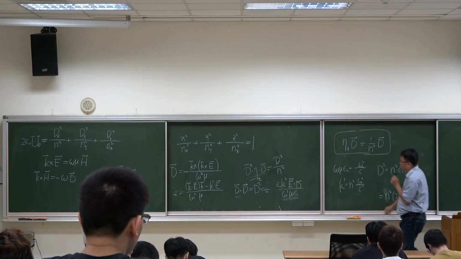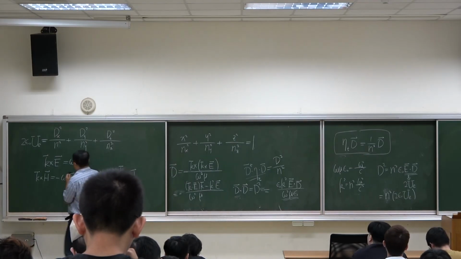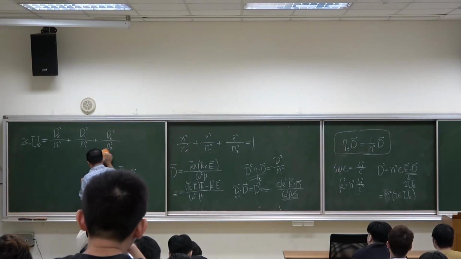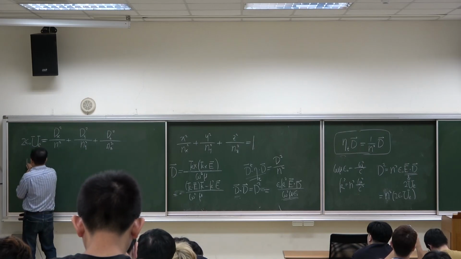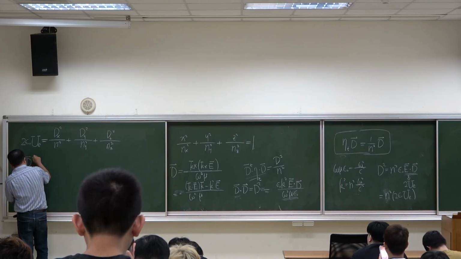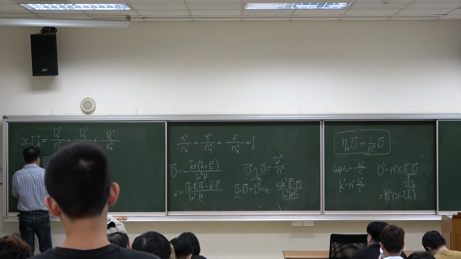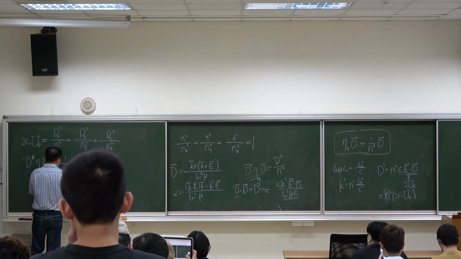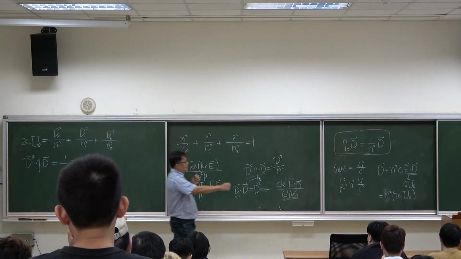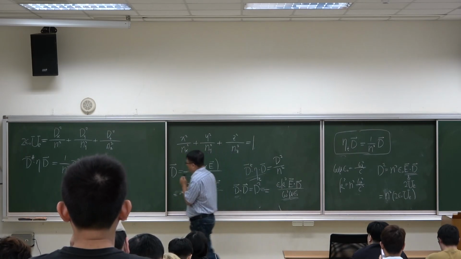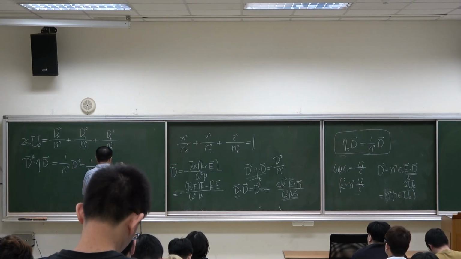Okay? So this equation tells us d squared is n squared times 2 epsilon 0 UE.